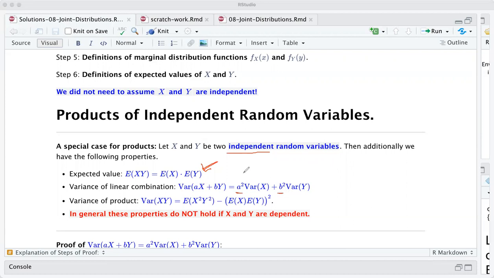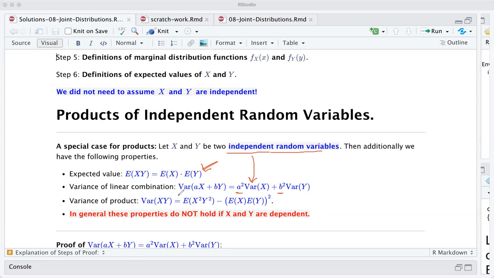So it's not just a times the variance of x plus b times the variance of y, but we have a squared times the variance of x plus b squared times the variance of y. And this property only holds if x and y are independent random variables. If x and y are dependent random variables, this generally does not hold.